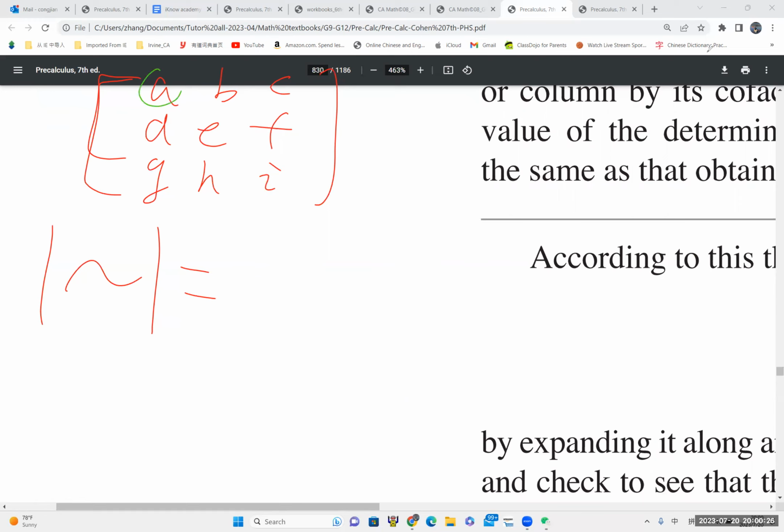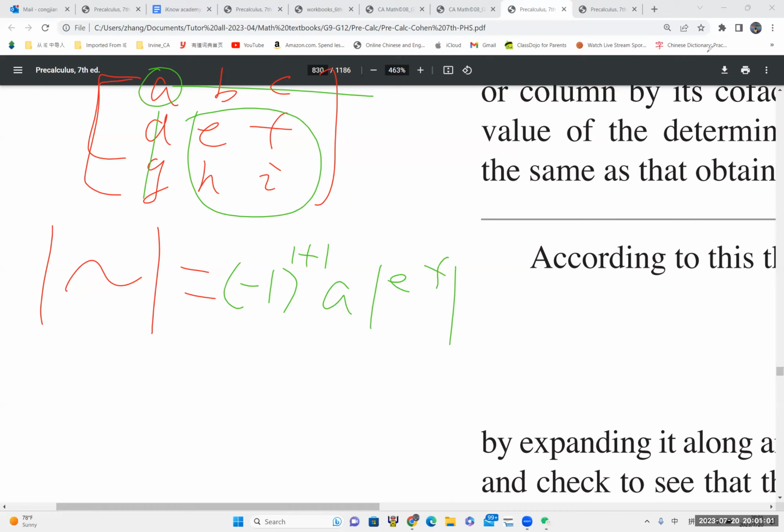For A, you cancel its row and column and get a minor. Then it's negative one, with A in the first row, first column, deciding its sign, times A, times this minor.